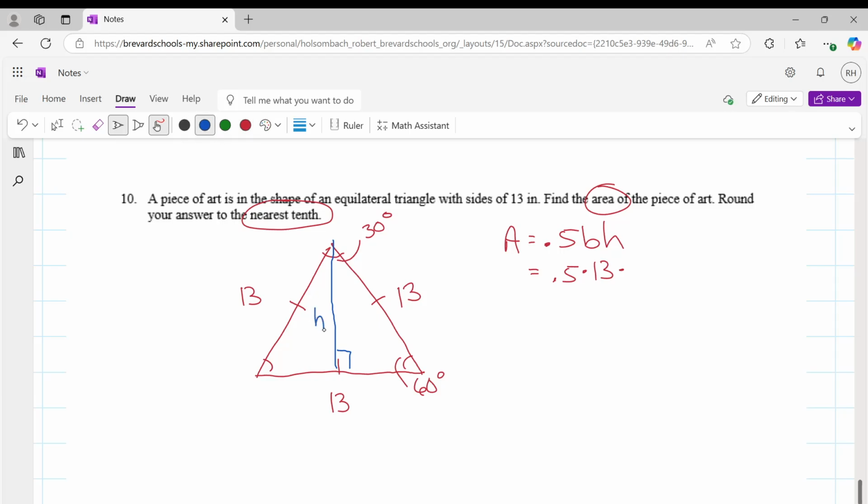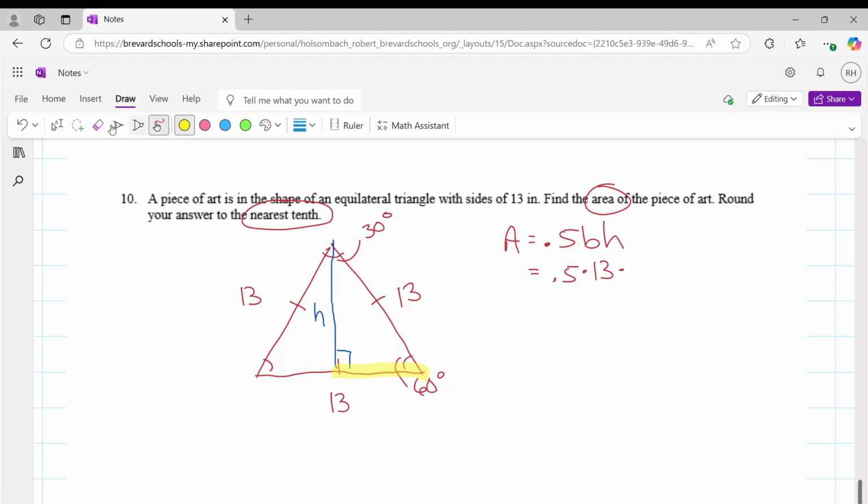Well, this height is the long leg of a 30, 60, 90 right triangle. Does everybody see this piece? This piece right here in yellow is the short leg of the 30, 60, 90. The blue piece is the long leg.